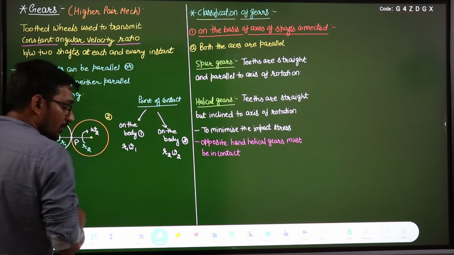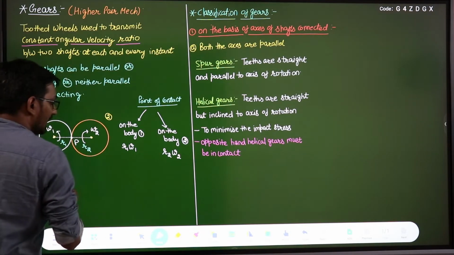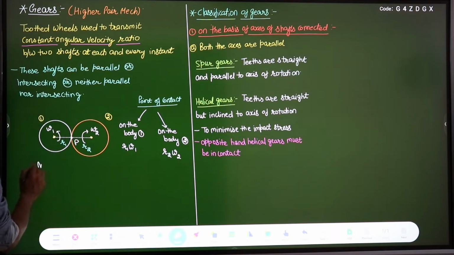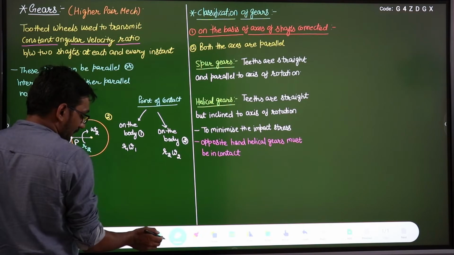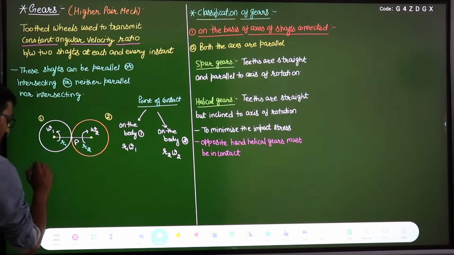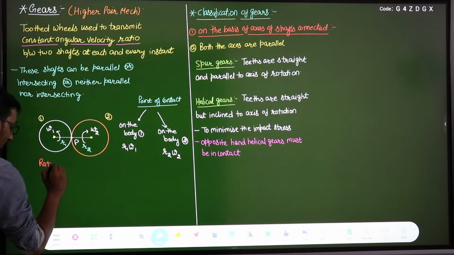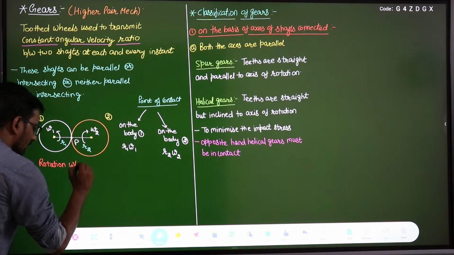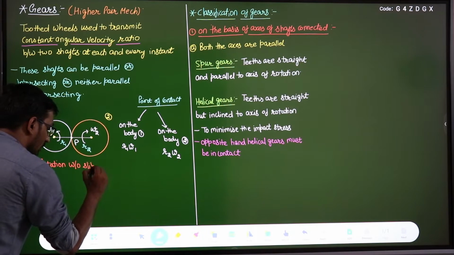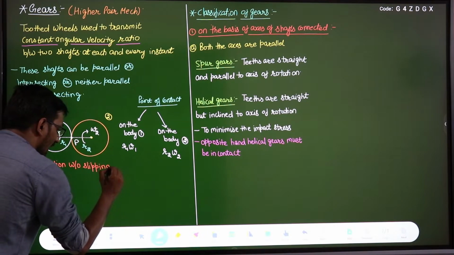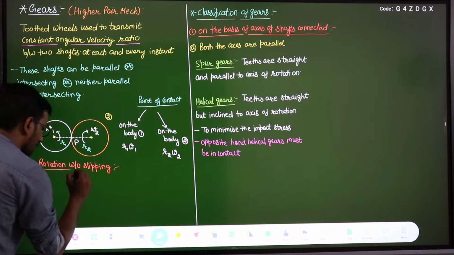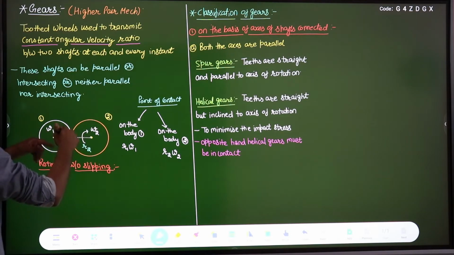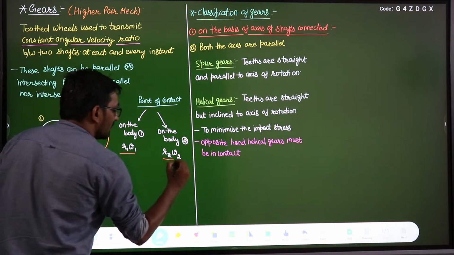And if these disks are rotating without slipping, without slipping means these disks are in pure rolling, then these two velocities will be equal.